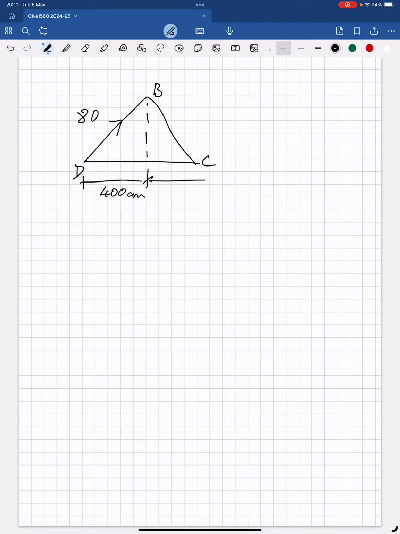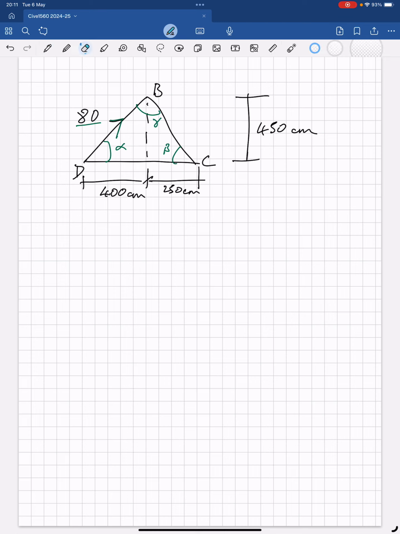This distance is 250 centimetres. And the height, 450 centimetres. Now, what else do we know? So we know 80. We don't know these angles. I'm going to label those as alpha, beta, and the whole angle at the top there as gamma.